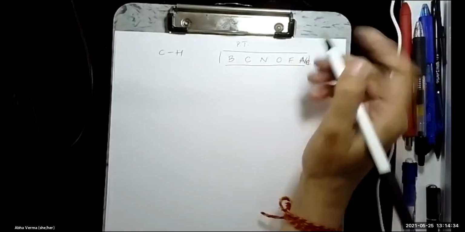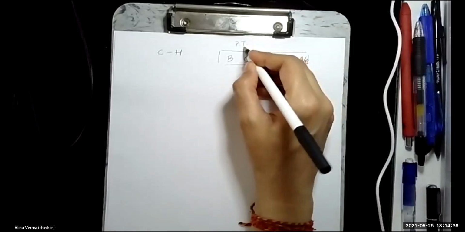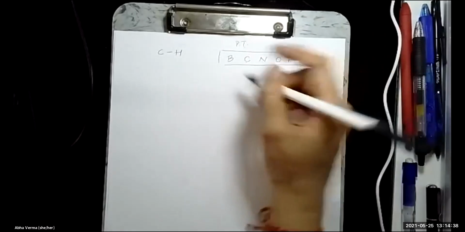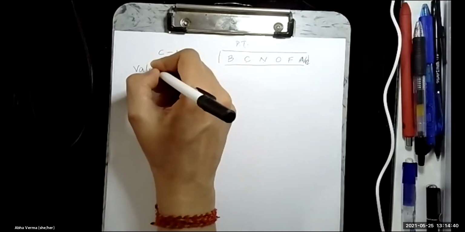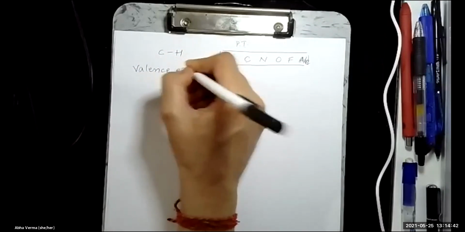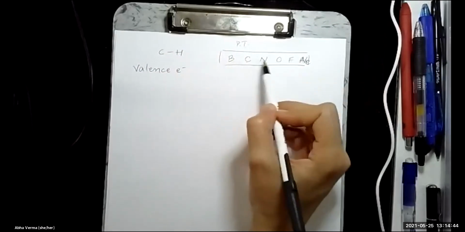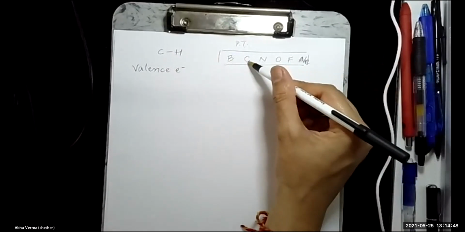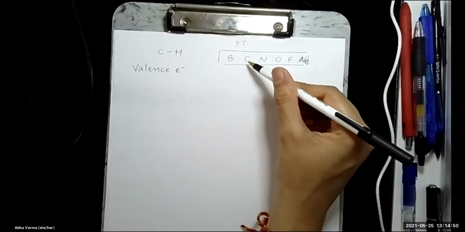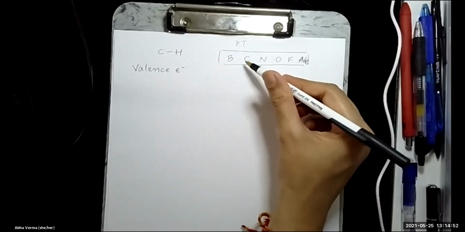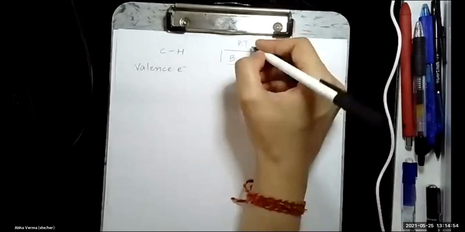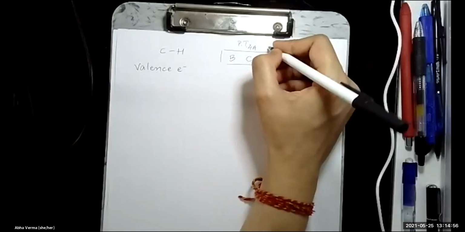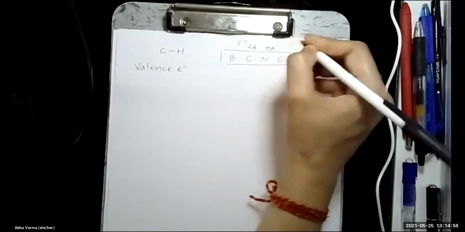As you see here, you must know how to read the periodic table so you can figure out the valence electrons of all of these atoms. So who can tell me how many valence electrons are in carbon? 4. Very good.